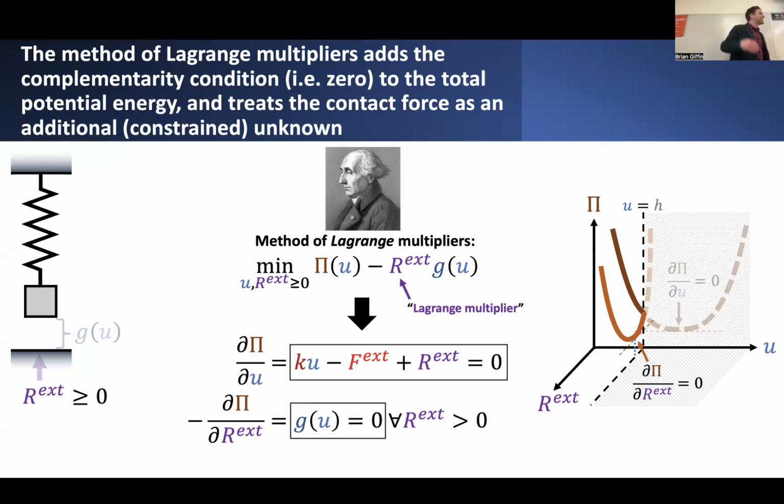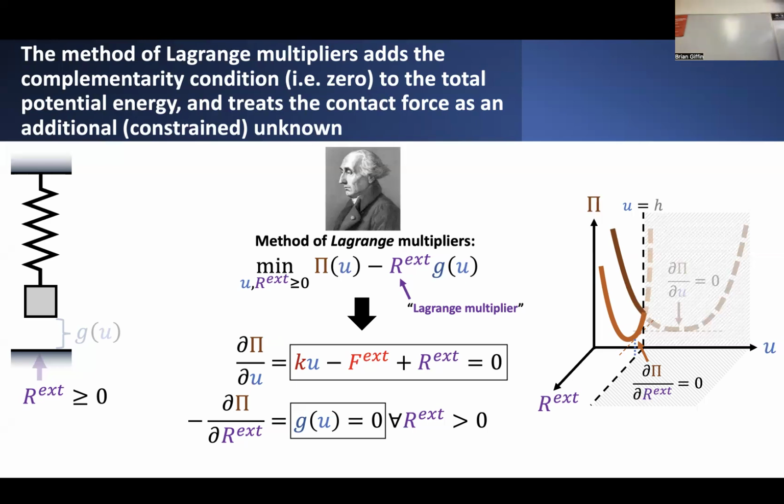All right, so that's the magic behind this concept. It introduces this extra variable, this constraint variable, sometimes called a Lagrange multiplier, named after Joseph Louis Lagrange, who came up with this concept in addition to various other contributions to mechanics and which have been formalized in the context of Lagrangian mechanics more broadly.